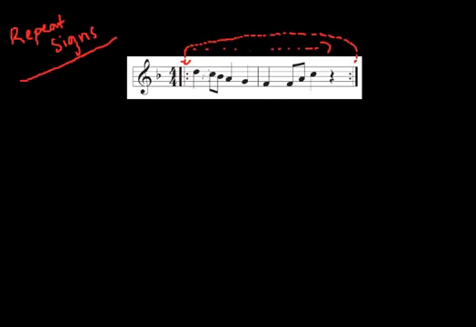If it was the beginning, you would not need this, because you're starting right here after the clef and the time signature. You go along, reach the end of the passage you want to repeat, and all it's telling you is to go back to the beginning and start over. So you don't need this first one unless it's within the musical passage.